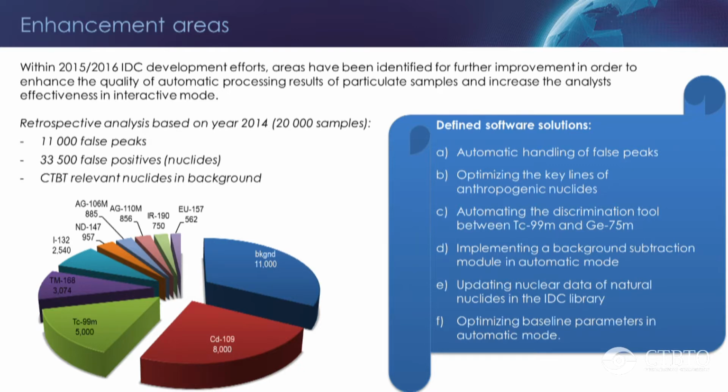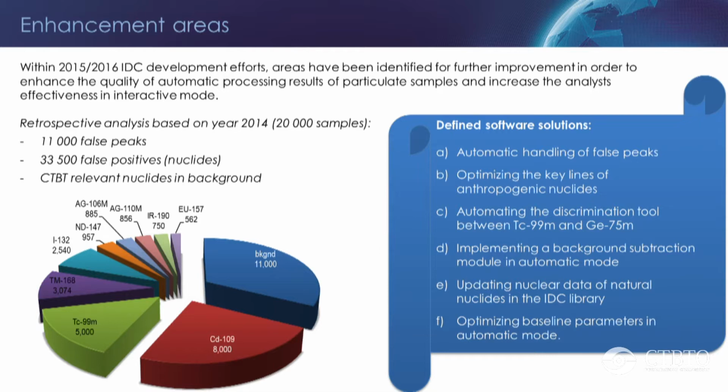On top of that, there was also some misidentification because of radionuclides in the background. On top of that, 2 critical CTBT anthropogenic nuclides, cadmium-109 and technetium-99, needed some different treatment.